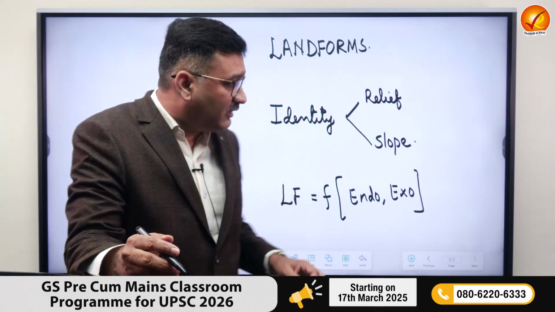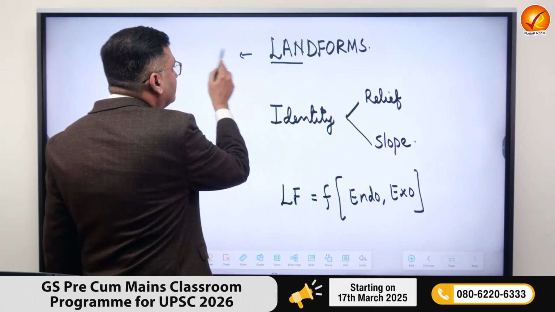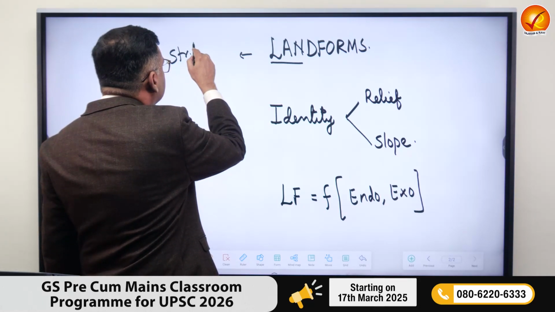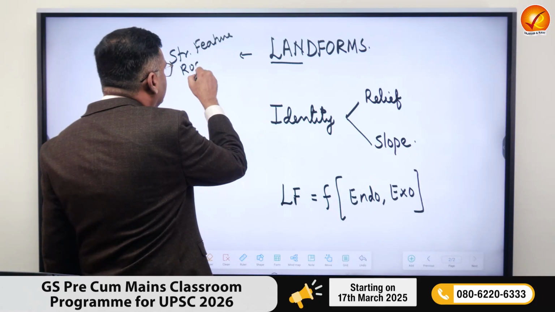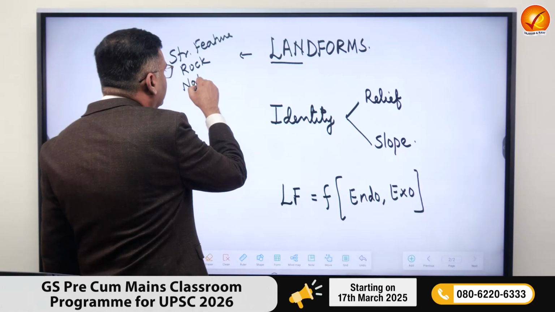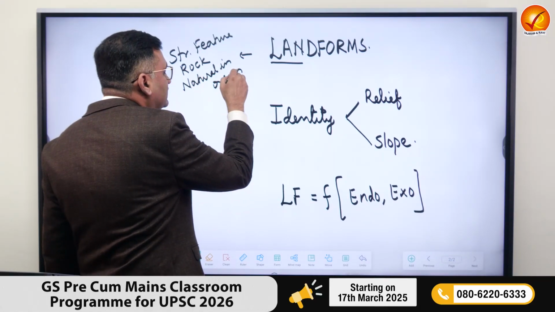And what is a landform? How do we define a landform? Landform is defined as any structural feature which is made up of rock and it is natural in origin. Three things are there.